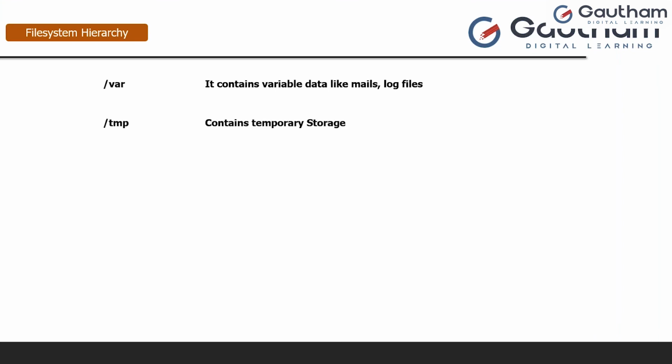Moving forward, you have the TMP directory. TMP contains temporary storage. See, normally what happens is whenever you are doing a task, maybe you are running an application, that application requires some temporary place to store some data till the application is running. Now, as soon as you close the application, that data will be removed.